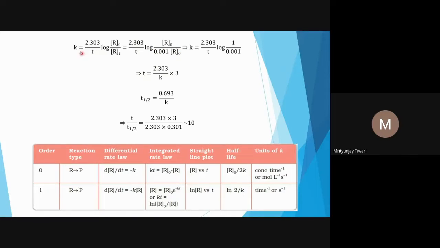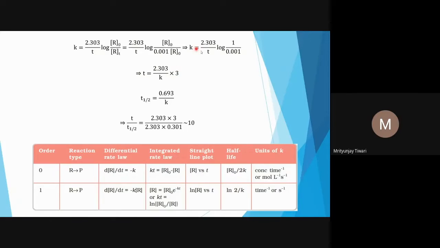So K is equal to 2.303 divided by t, log 1 upon 0.001. This one is 1 divided by 10 to the power minus 3, so it is log 10 to the power 3. Log 10 to the power 3, with base 10, has the value 3.